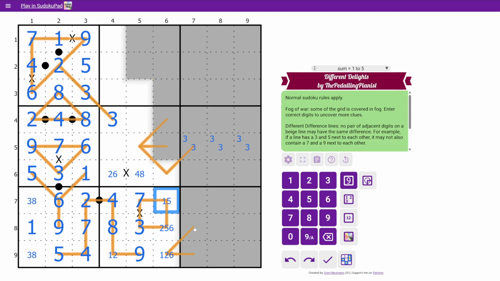So this is the 5. Now we have a 2 difference and a 4 difference. A 2 difference and a 4 difference. I think that could be either 1.